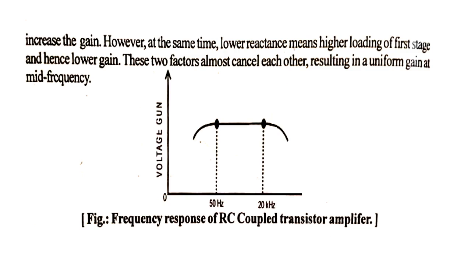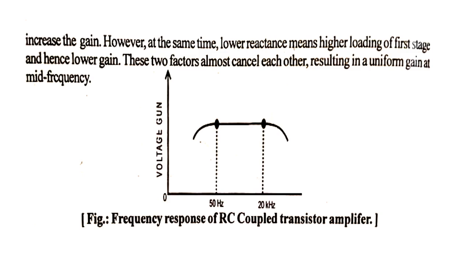Now at low frequencies, that is less than 50 Hz, the reactance of the coupling capacitor CC is quite high and hence a very small part of the signal will pass from one stage to the next stage.